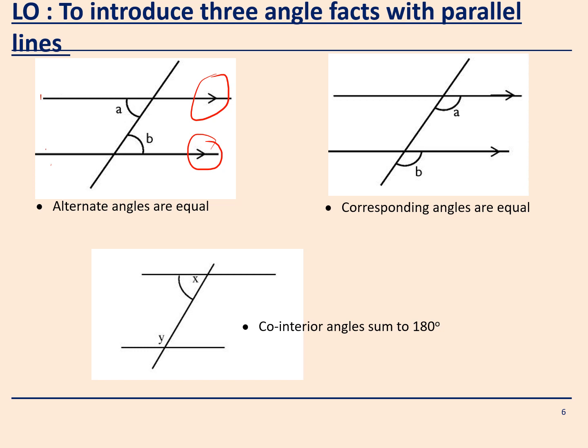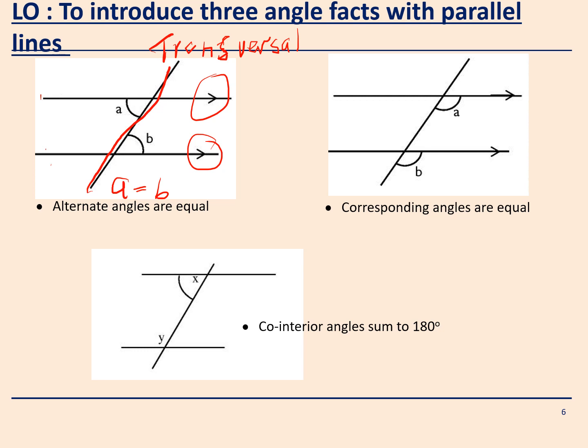So I can say that A equals B. This line that cuts through them is called a transversal, and the angles are alternate, they're on either side of that line.